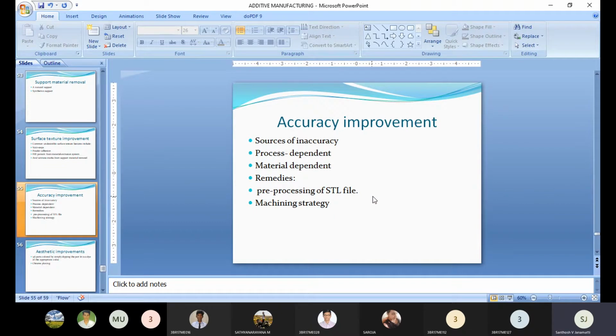What kind of accuracy do we need to improve in the finished product? Some 3D techniques or 3D products don't need any accuracy improvements.